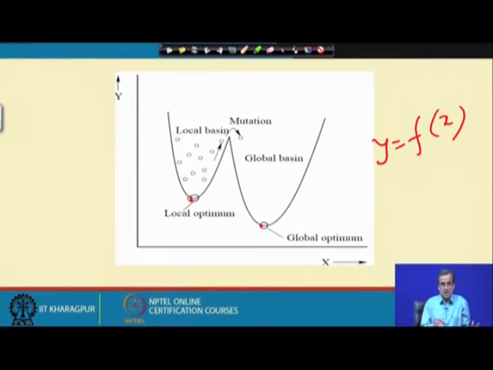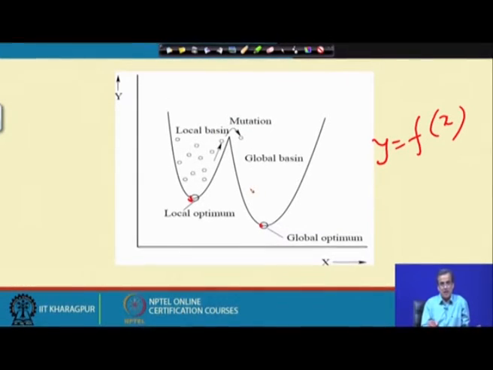Now, if I run GA for a large number of generations, there is no guarantee that it will be able to hit the global minimum solution. It will be able to hit the global minimum solution if and only if you can push at least one solution from the local basin to the global basin.